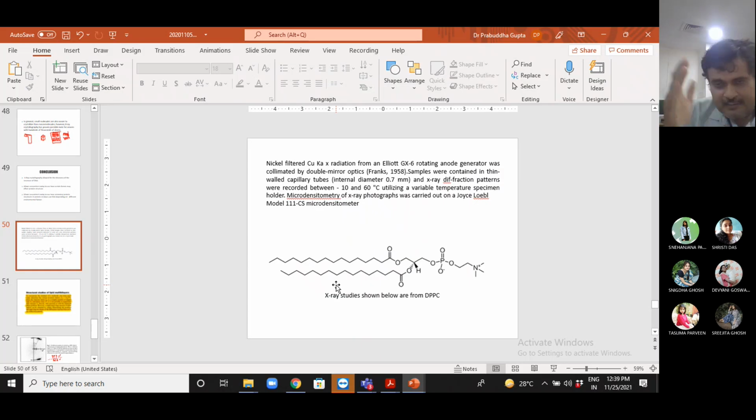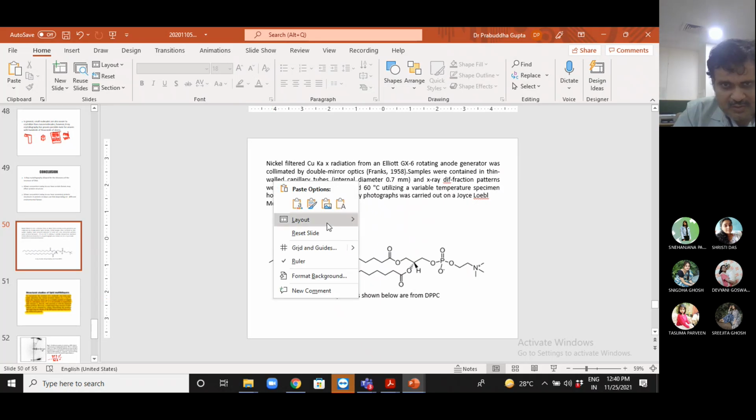They made a very thorough study of at what temperature it goes semi-crystalline, what temperature it remains fluid, and what temperature it remains gel. So this is very well characterized for DPPC. This DPPC is used to make a bilayer.